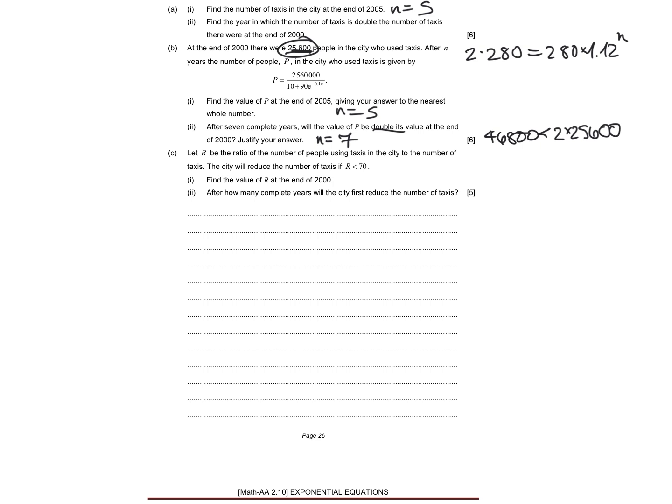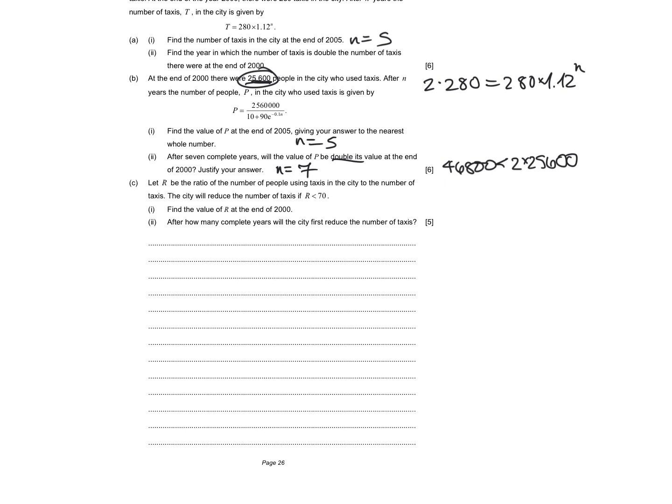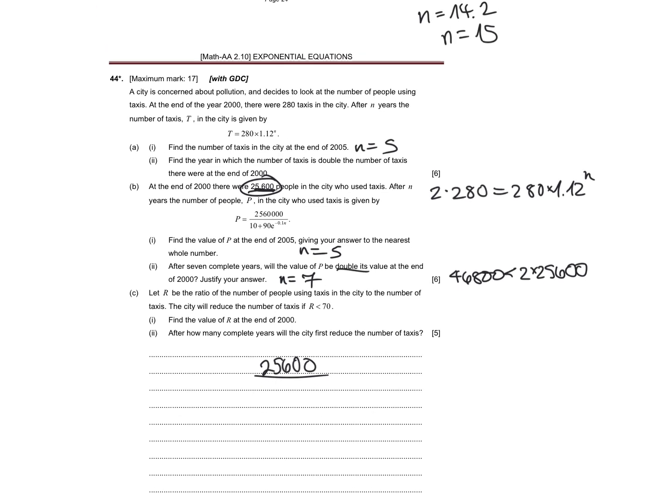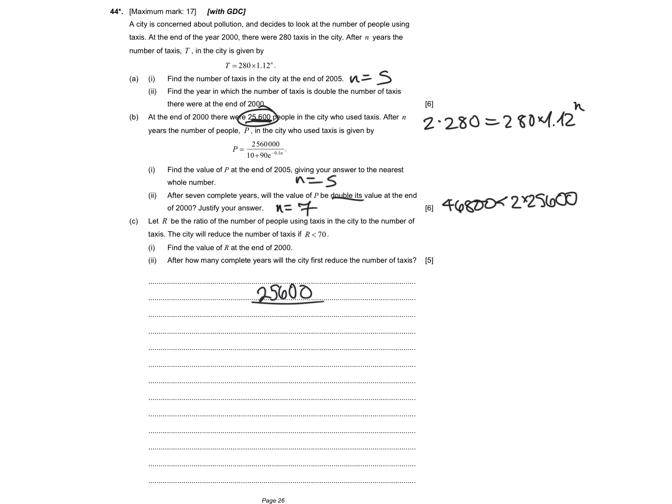All right, so let R be the ratio of the number of people using taxis in the city to the number of taxis. The city will reduce the number of taxis if R is less than 70. Find the value of R at the end of 2000. So we're going to have 25,600 people use taxis at the end of 2000, and it was 280 taxis.